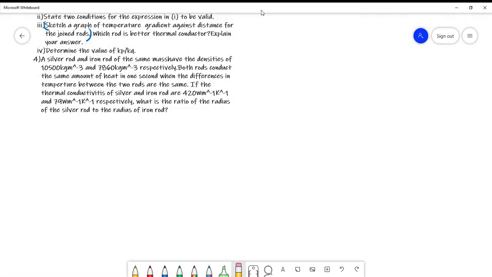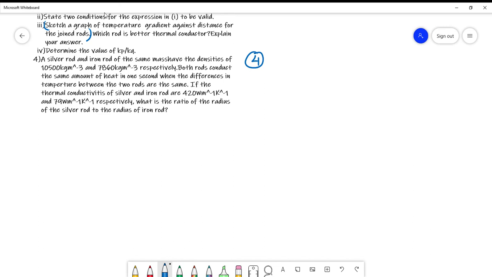So this is question 4. A silver rod and an iron rod have the same mass, and the densities are given. Let me check whether the values are correct: 10500 and 7860. Okay, correct.